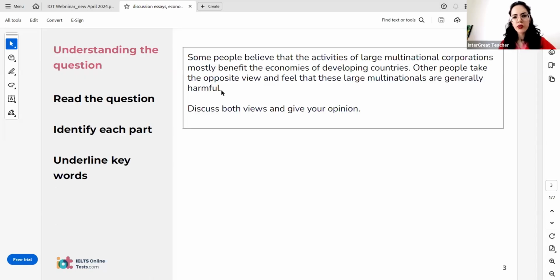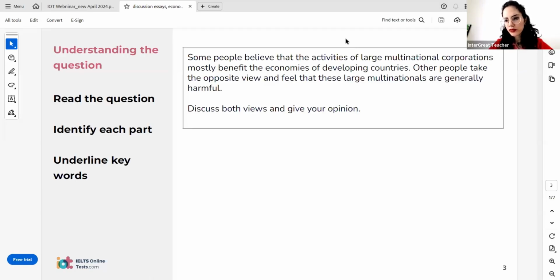I'm going to underline the keywords in the question, but before that I would like you guys to tell me what keywords I should underline from this question to help me focus my answer. You can type the answer in the chat box. So what are the keywords? Okay, benefit and harmful, yes, definitely, but we do need more keywords. Multinational, yeah.